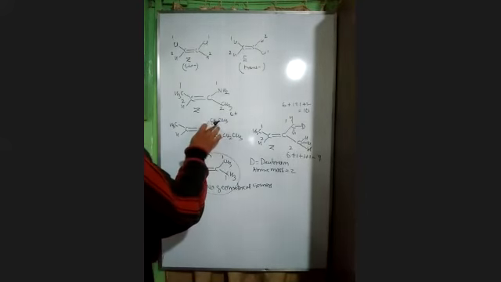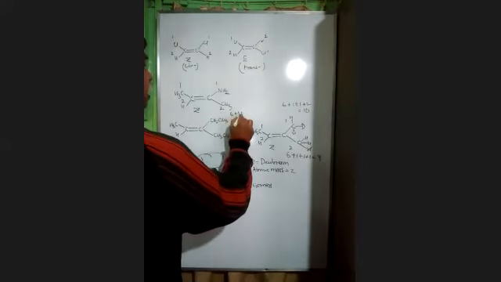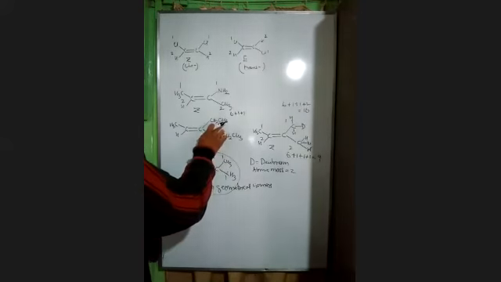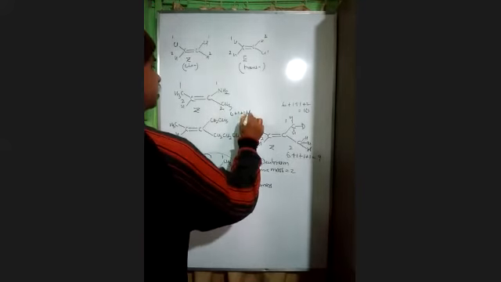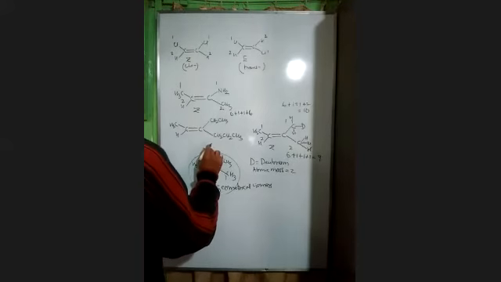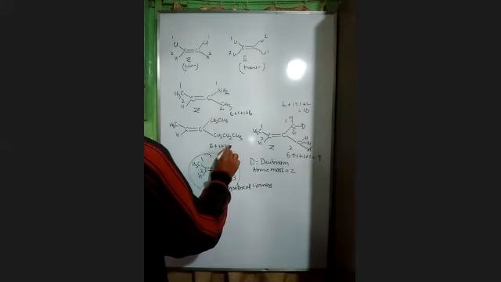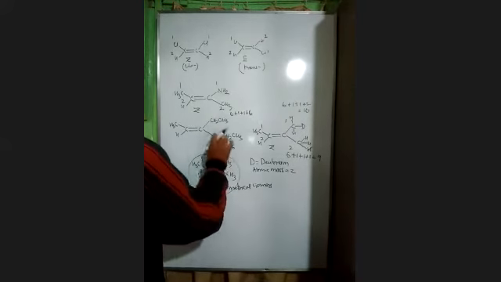Is bonded to how many hydrogen? 2 hydrogen. Then bonded to how many carbon? 1. Okay, so it is 6. Here, 6. This 1 plus 1. Then is bonded to this what? This carbon 6. See, the sums of both of them are the same.